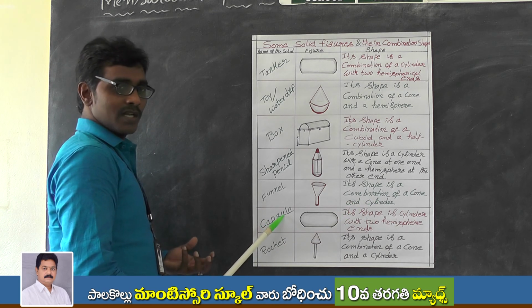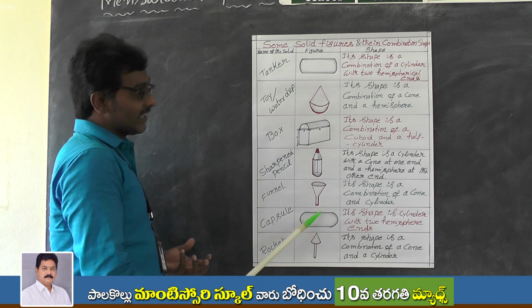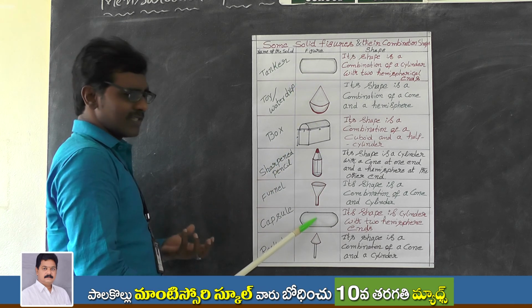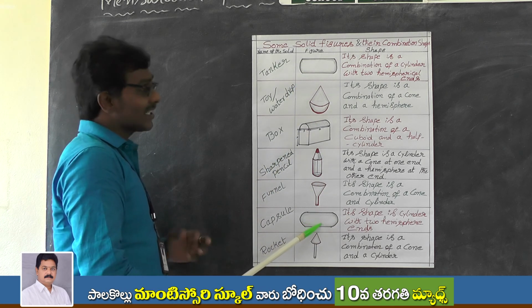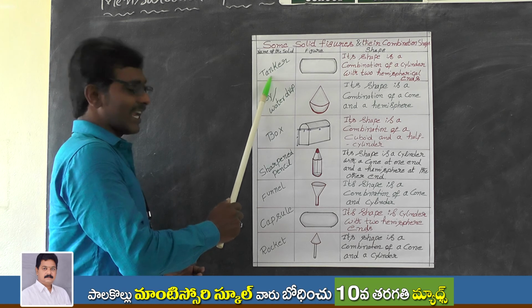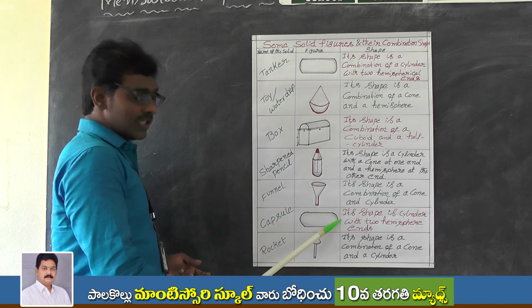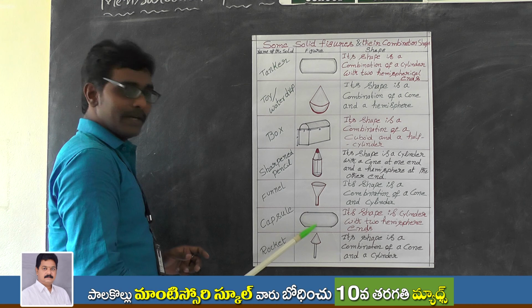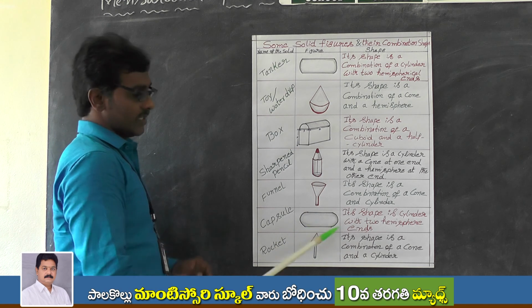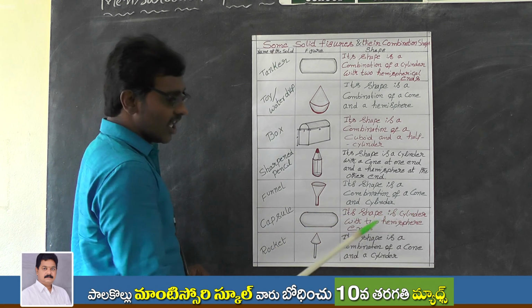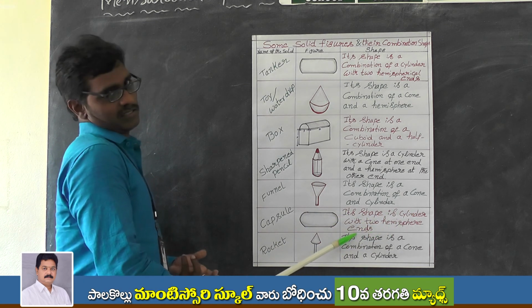This and the tanker are simply the same, but the title is different. Here the ends are hemispheres and the middle part is a cylinder. So its shape is a cylinder with two hemispherical ends.